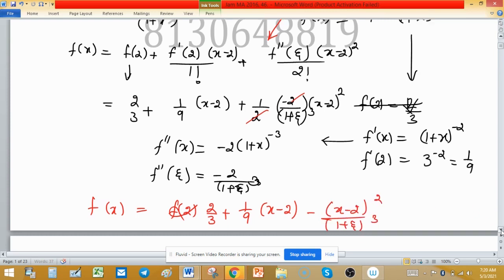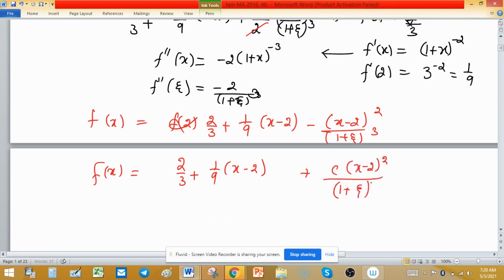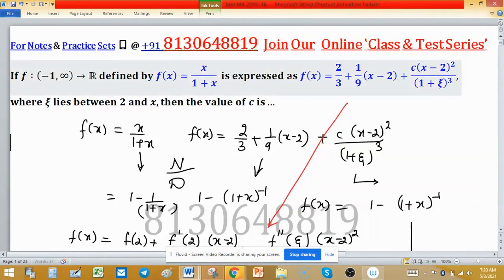We obtained this format on applying Taylor's theorem, and the structure given was f(x) equal to 2 upon 3 plus 1 upon 9 times (x minus 2) plus c times (x minus 2) square upon (1 plus xi) cube, where xi lies between 2 and x. On comparing, you can see the value of c is minus 1, as used in this expressible form. So minus 1 is the correct answer.